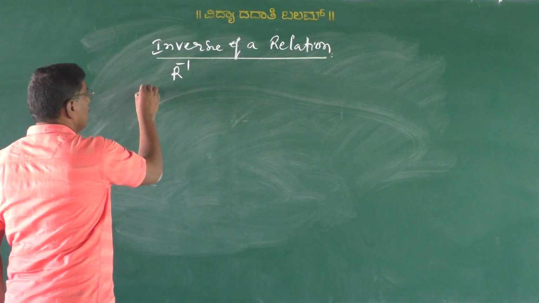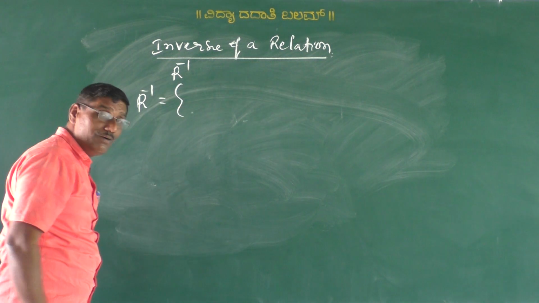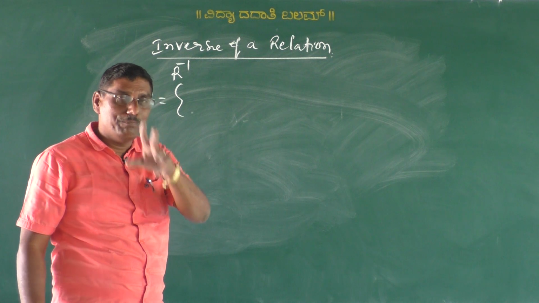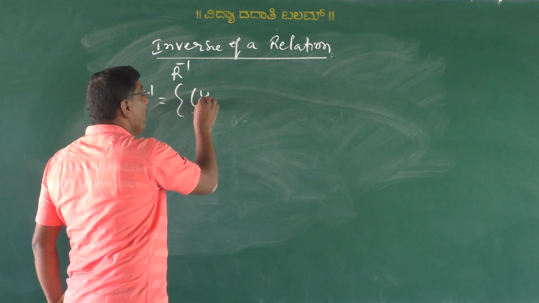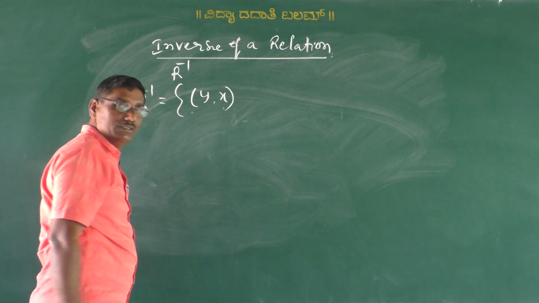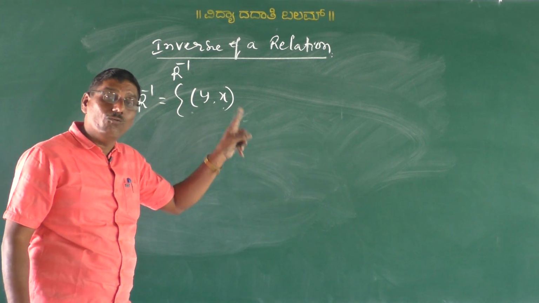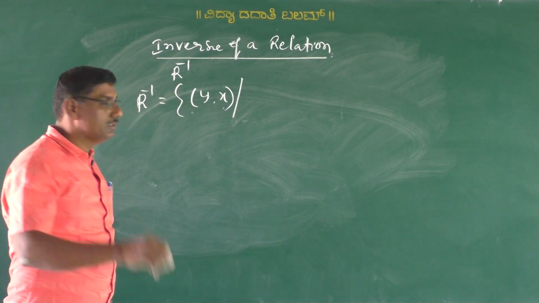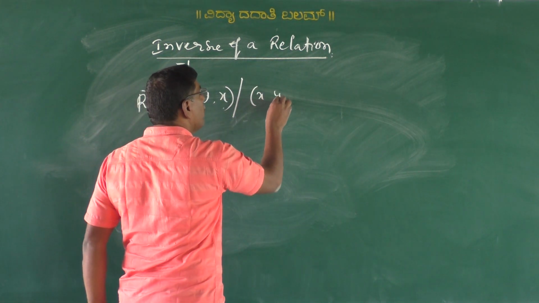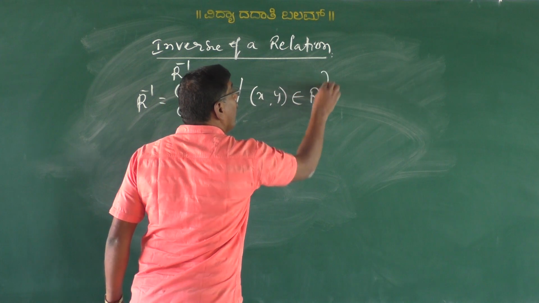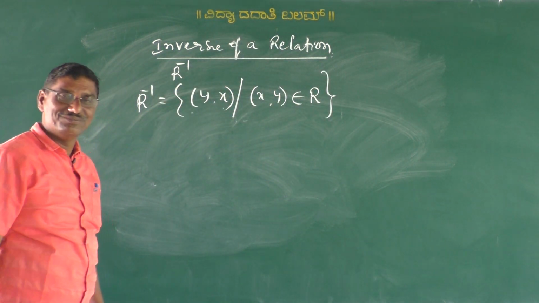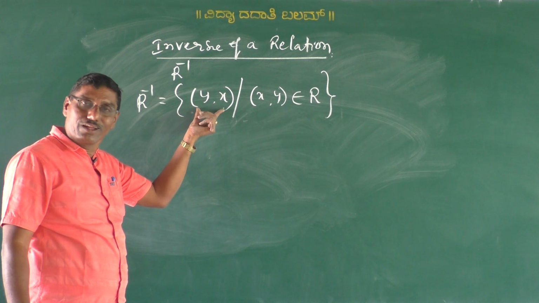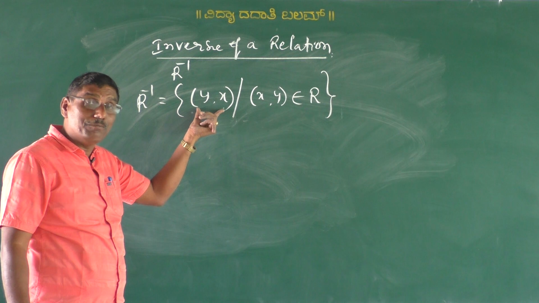R inverse is equal to the set of all ordered pairs y comma x such that the ordered pair x comma y belongs to what? R. See here, in R inverse the ordered pairs will be like this, that is the ordered pairs y comma x.